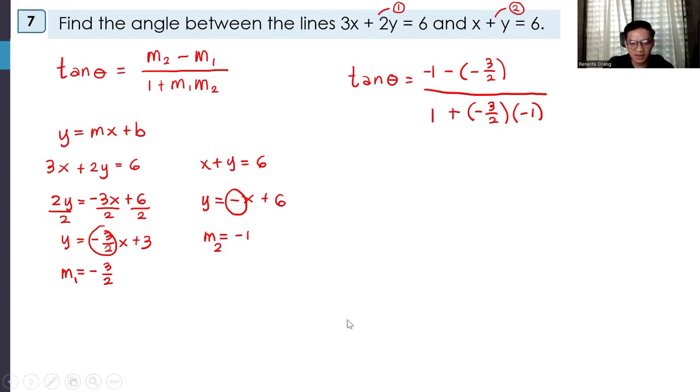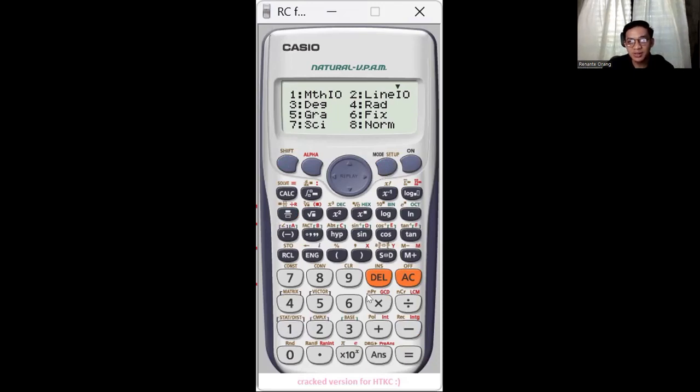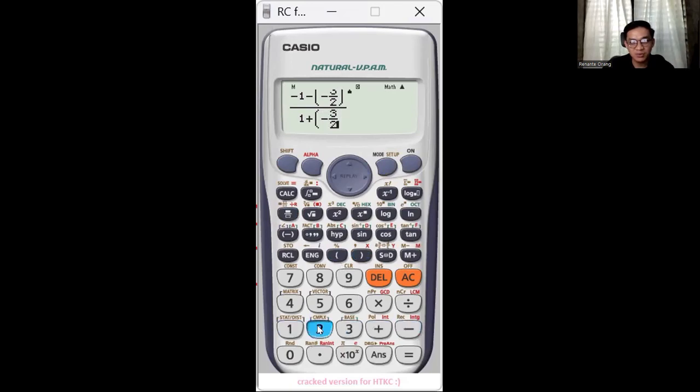So, let's take out the calculator. Same as earlier, we need to check that we should be in degrees form. So, shift, mode, then degree. Then, let's input negative 1 minus negative 3 over 2 divided by 1 plus negative 3 over 2 multiplied by negative 1.